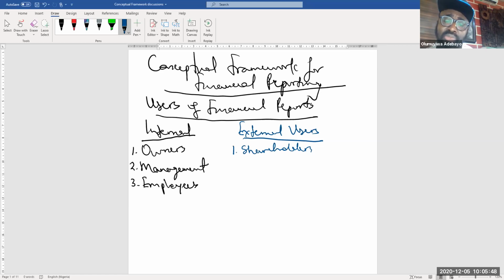For example, some of us are shareholders in companies like First Bank, GTB, and other companies like that. You are a shareholder. You are an owner, but you have no involvement. Therefore, you are still an external user from that perspective.